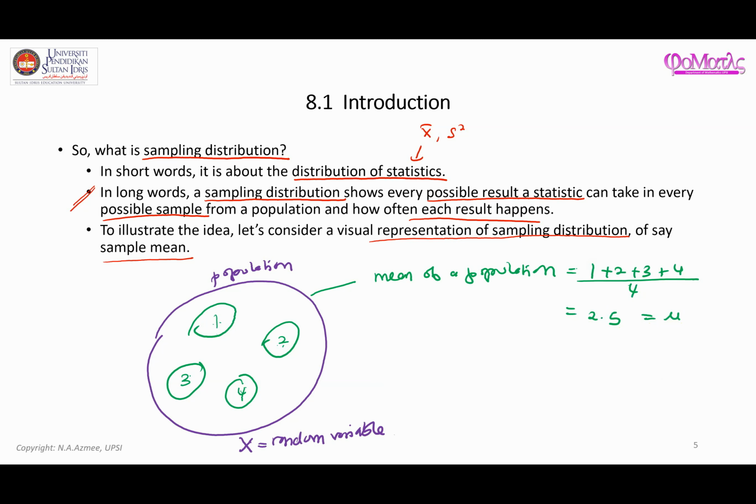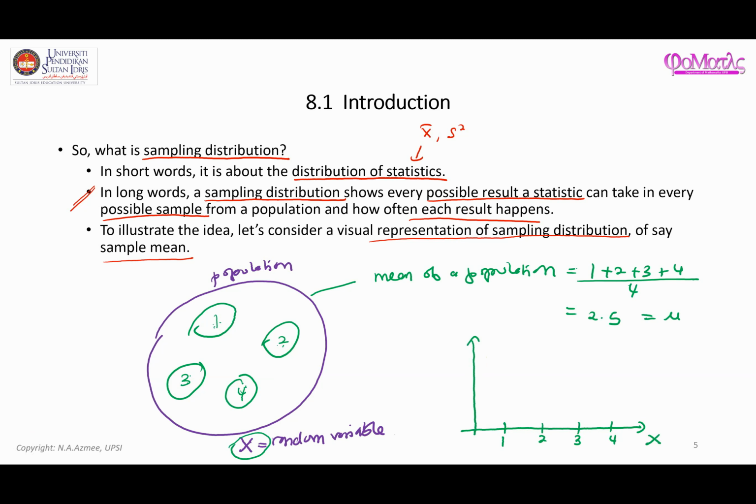And if you want to study the distribution of x, now this is easy, and we can represent it using a graph. So this is x, and now we are going to study how often each result happens. The results that we have are 1, 2, 3, and 4.